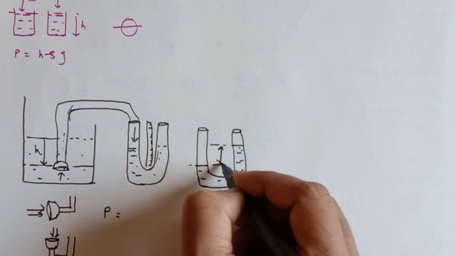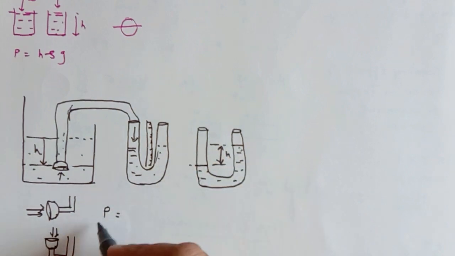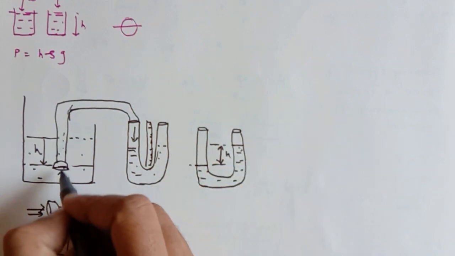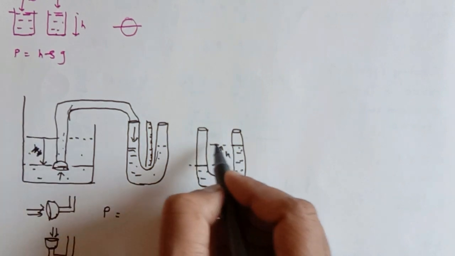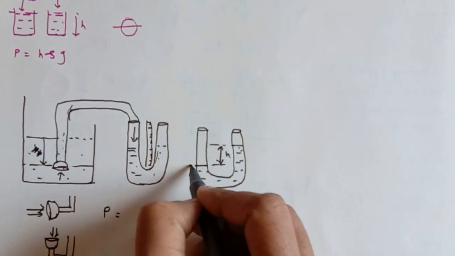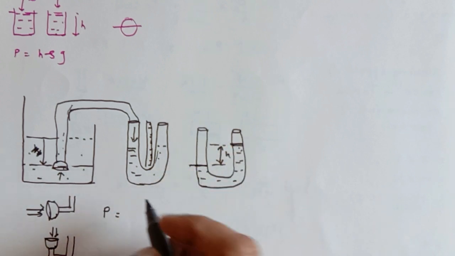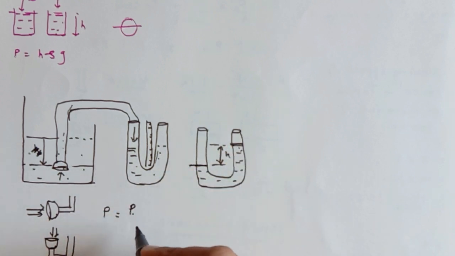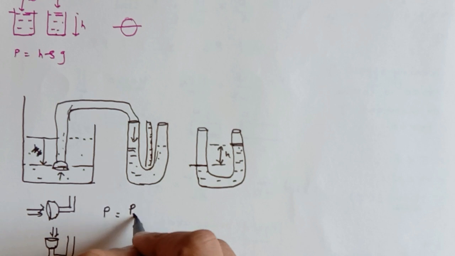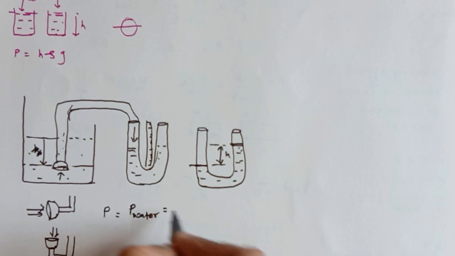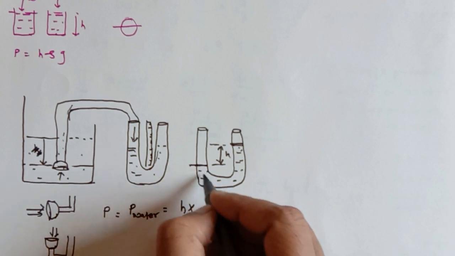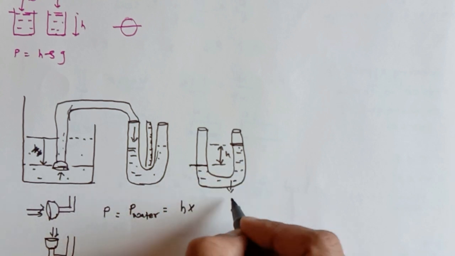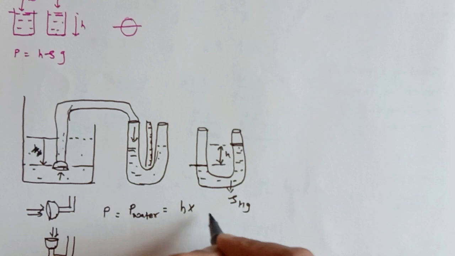Now this is H. So this pressure exerted by the water over here, I'm sorry, cut off this H. This H is the height difference of free surface to free surface of the mercury, right? So pressure exerted by water is equal to height difference multiplied by the density of the liquid filled over here, which is mercury, say rho Hg, multiplied by g.